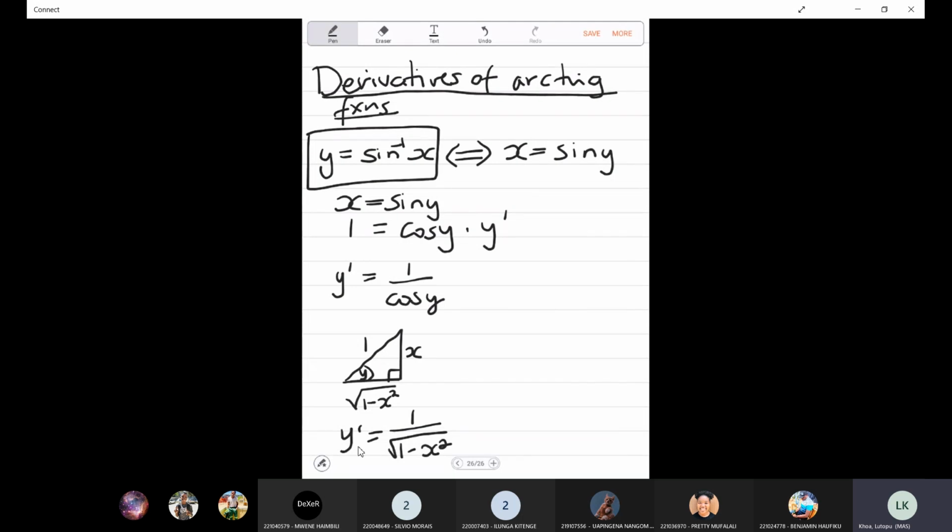Okay, so that is the derivative. So whenever you're asked to differentiate sine inverse of x, the derivative is 1 over the square root of 1 minus x squared. Then we can do the same thing with cos inverse of x.